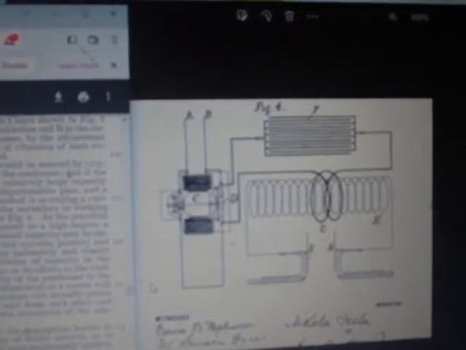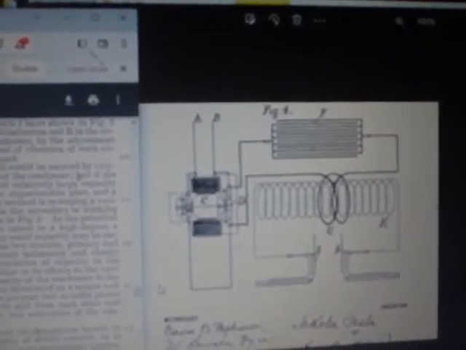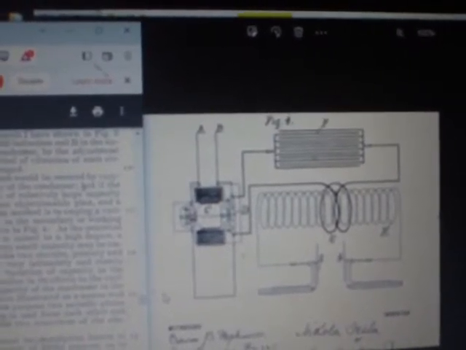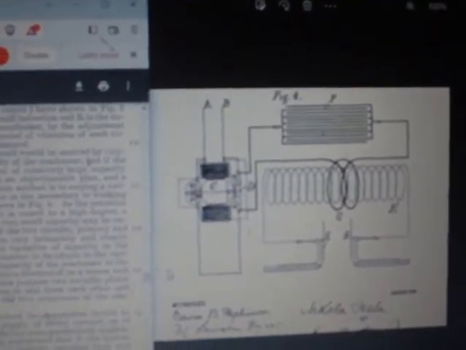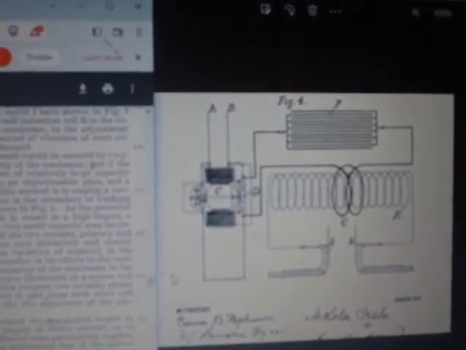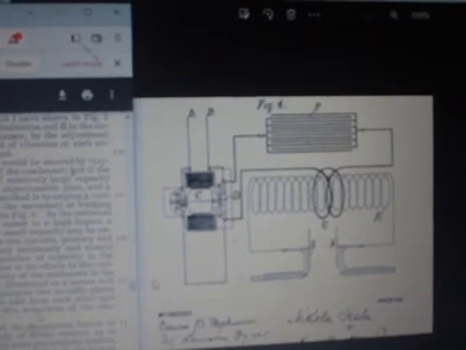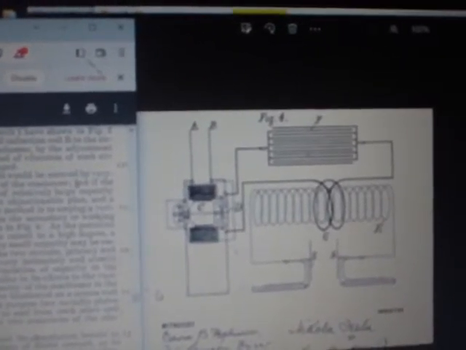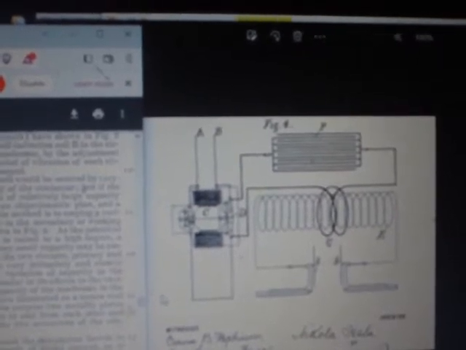I have illustrated as a means well adapted for this purpose two metallic plates S adjustable to and from each other and constituting the two armatures of the condenser.